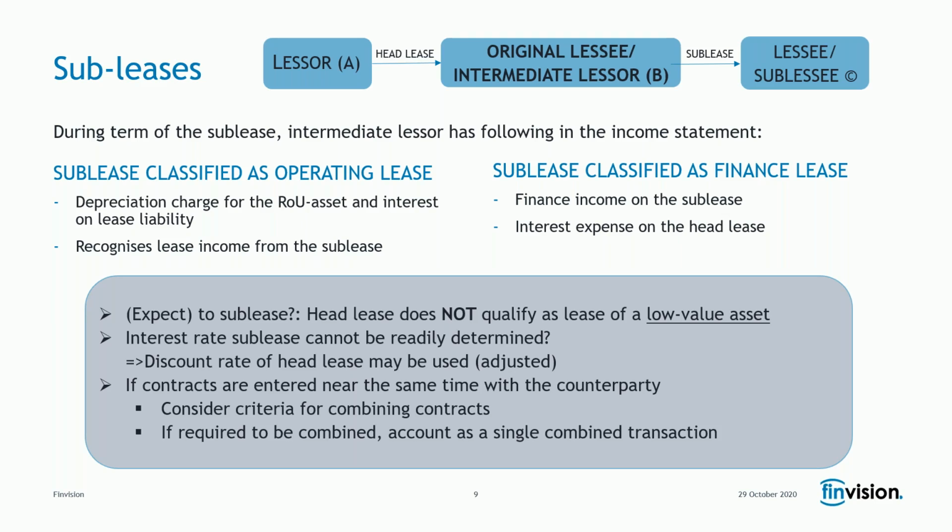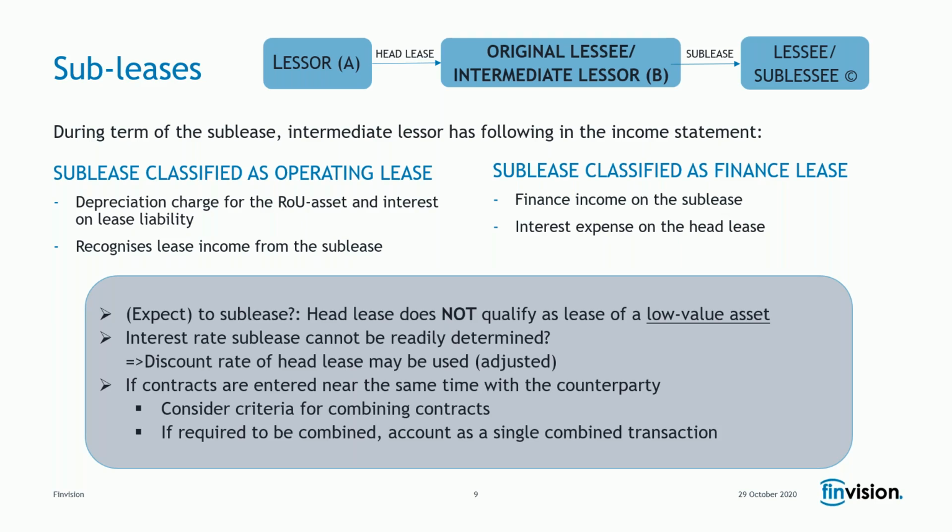On the other side, you will recognize all lease payments you receive in the sublease as lease income. If you consider your sublease as a finance lease, you will have both a finance income on your sublease and also an interest expense on the head lease.